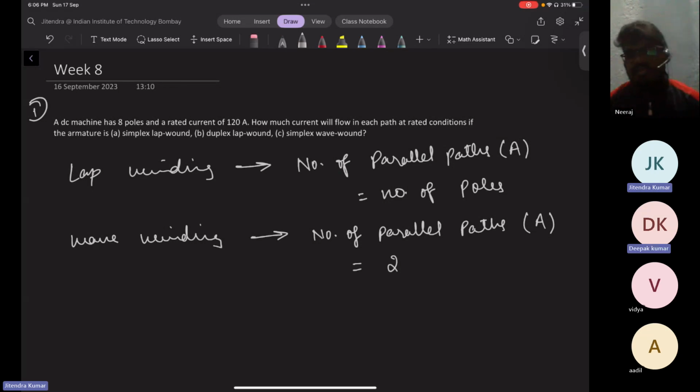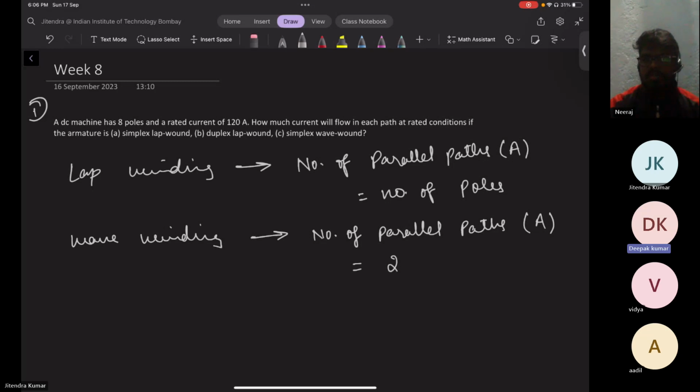Sir, according to me, lap winding is advantageous where we need to inject more current from the source and distribute it in our armature circuit, because there are a small number of parallel paths.